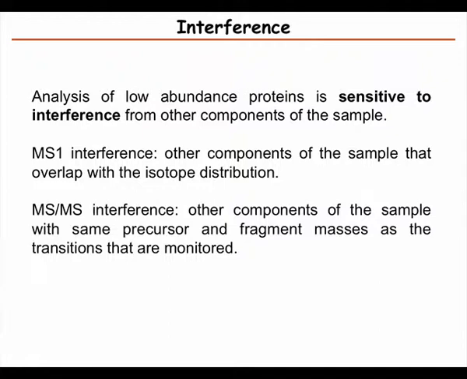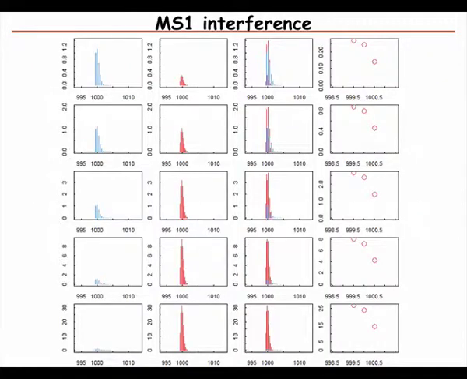And especially if it's the fragments that we are interested in. So this is just showing different examples. Let's say this is our peptide of interest, the blue one, and we're looking at different peak heights, so the concentration goes down in this direction.